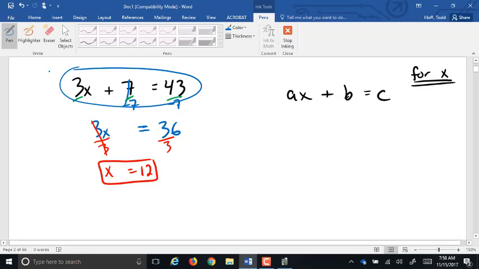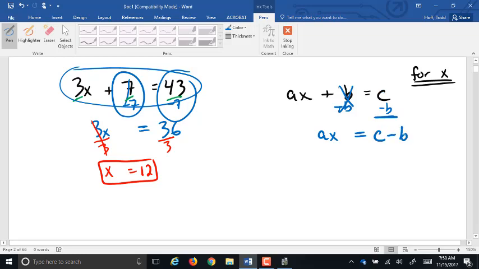We just have to work with the variables. So first thing we have to do, just like we subtracted the 7 over here, we have to subtract b over here. Takes that b away, leaving us with ax. Now the difference though is here, we could take 43 minus 7 and combine them to get 36. Over here, c minus b has to stay as c minus b.